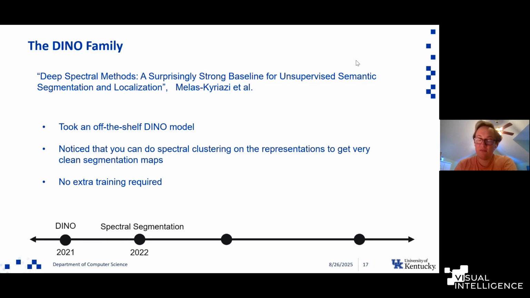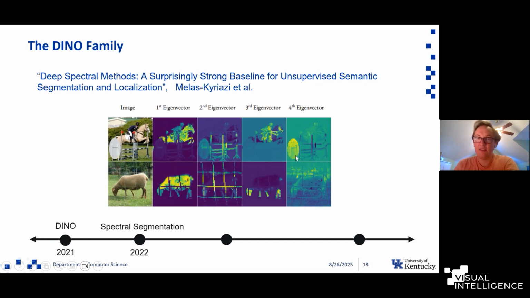So instead of looking at the visual attention like we just saw, this paper looks at the spectral clustering of the representations of the patch level features. What this does is it gives you cleaner segmentation maps, and it gives you multiple objects. So now in the top, we have someone riding a horse, and you can highlight the horse, you can highlight the obstacle it's jumping over, you can highlight the little sign.